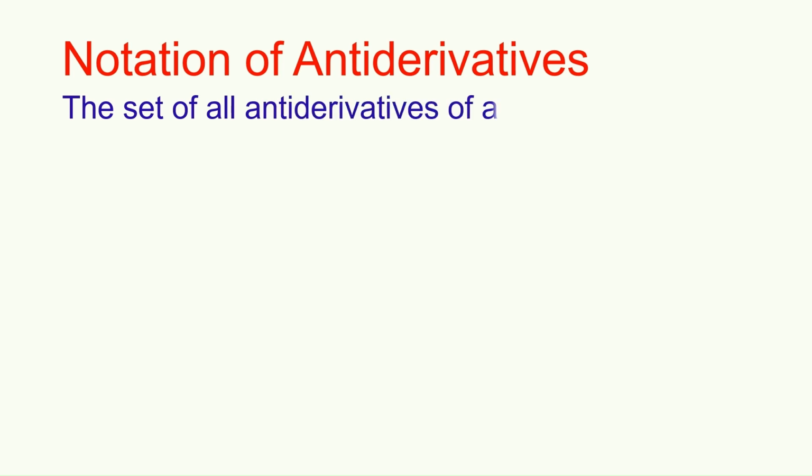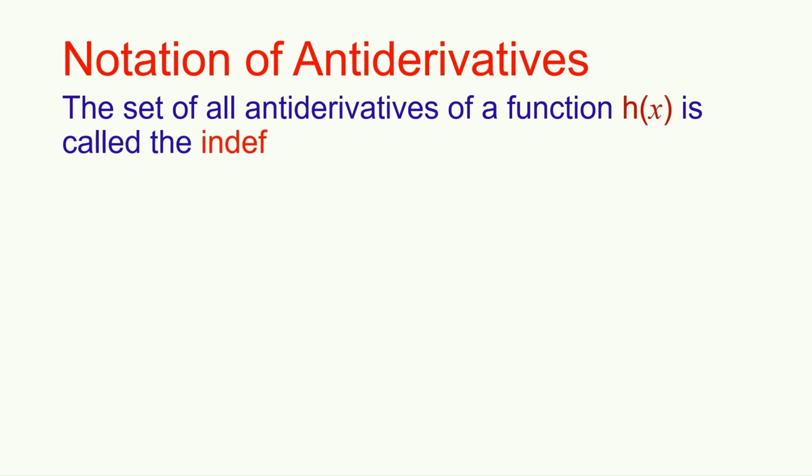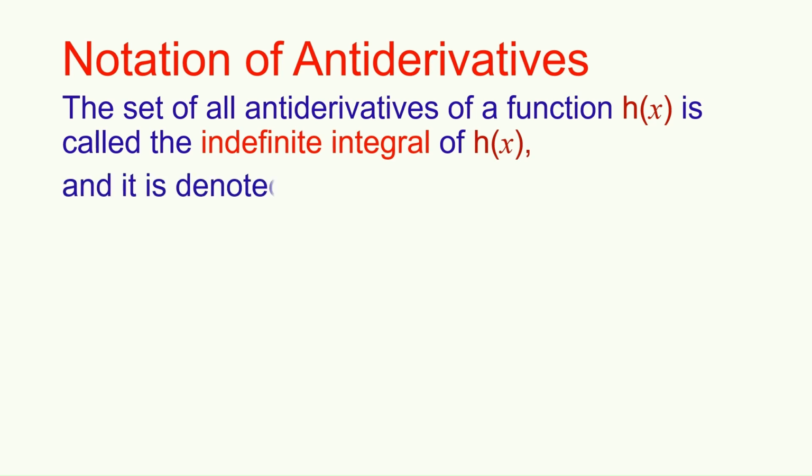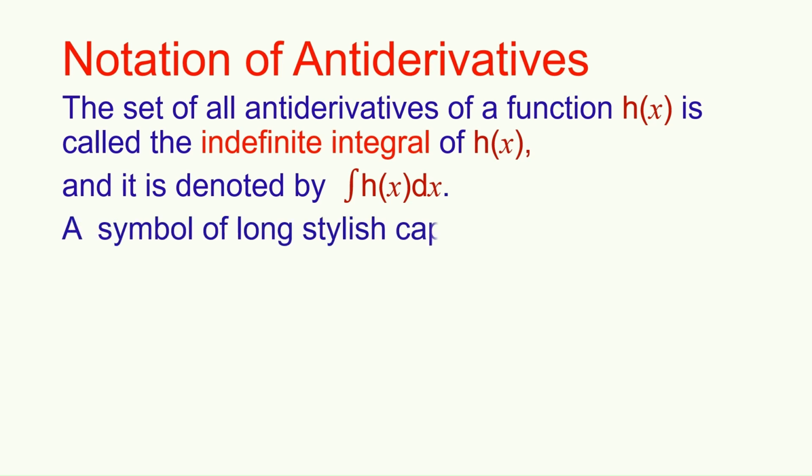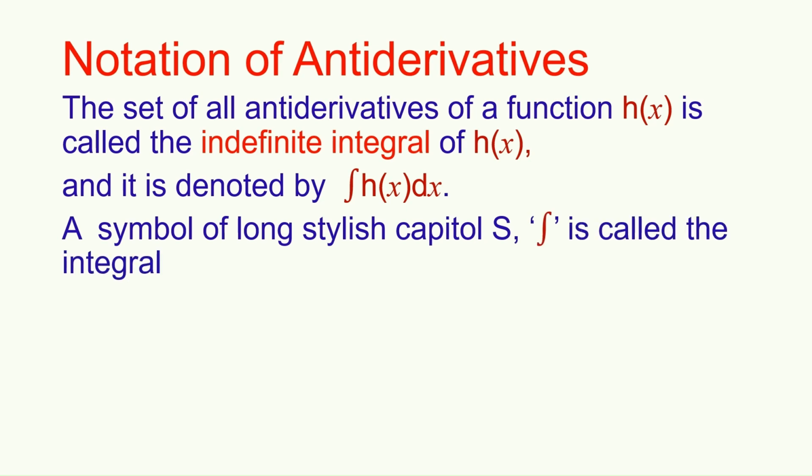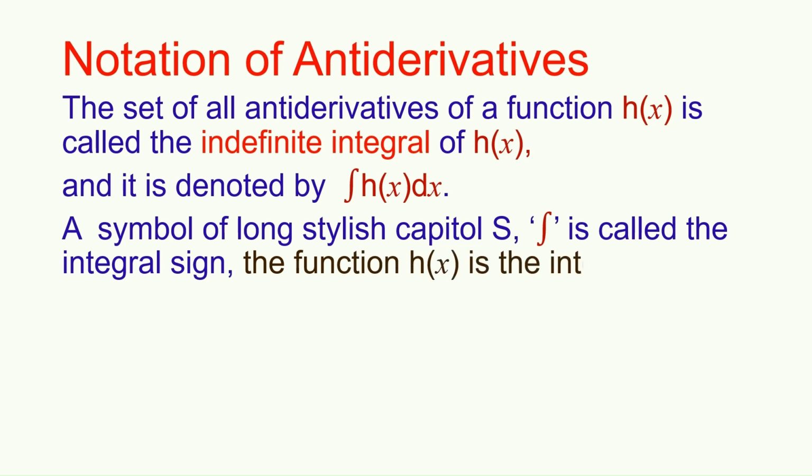Notation of antiderivatives. The set of all antiderivatives of a function h(x) is called the indefinite integral of h(x), and is denoted by the integral of h(x) dx, with a symbol of a long stylish capital S. This symbol is called the integral sign.